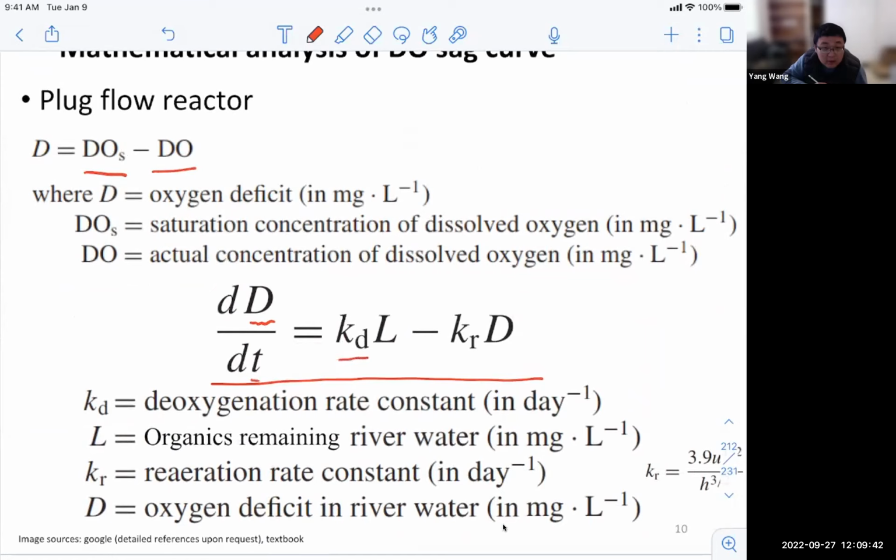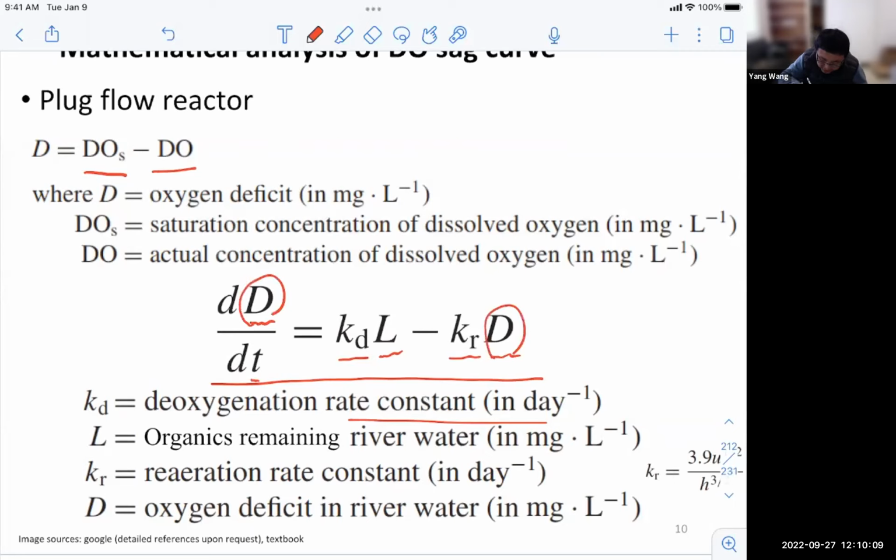The KD is the decomposition rate constant, or the deoxygenation rate constant. L is the organics remaining in the river water. Kr is the reaeration rate constant, and D, again, is the oxygen deficit. So we're trying to find out the expression for D.